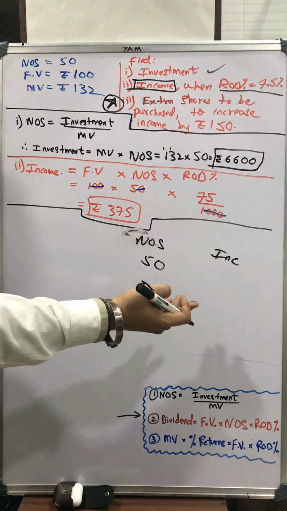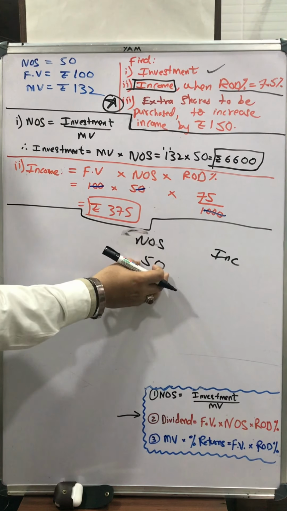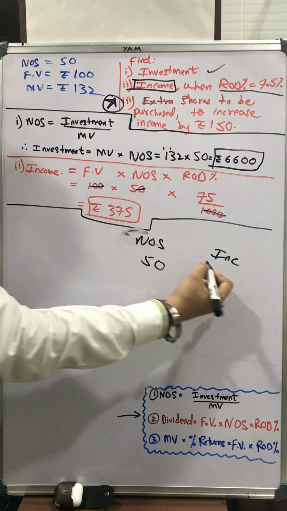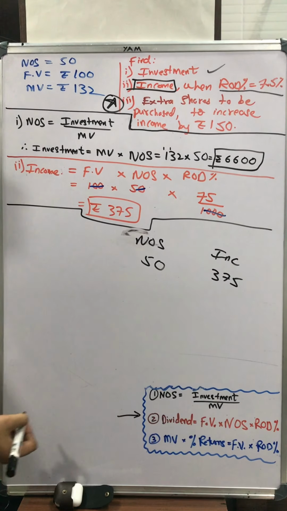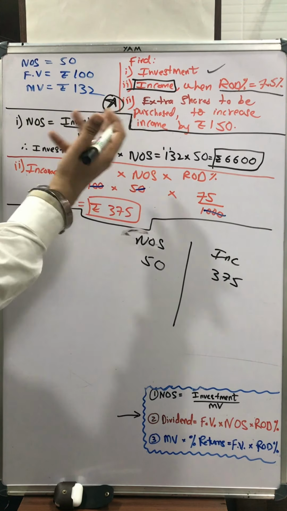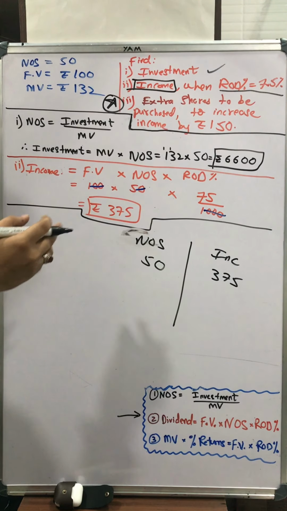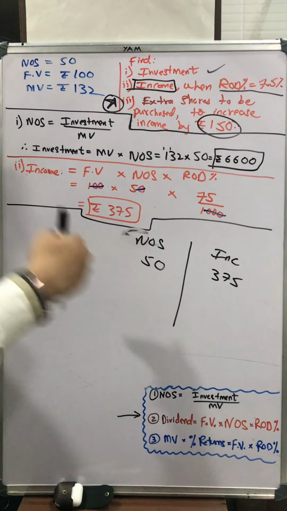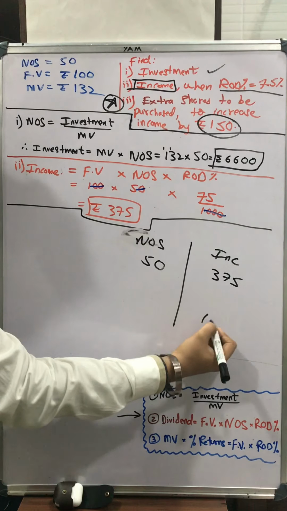How much income is he obtaining from these 50 shares? Just now we calculated, 375. They are asking how many extra shares to be purchased to increase the income by 150. So this 150 is the extra income.